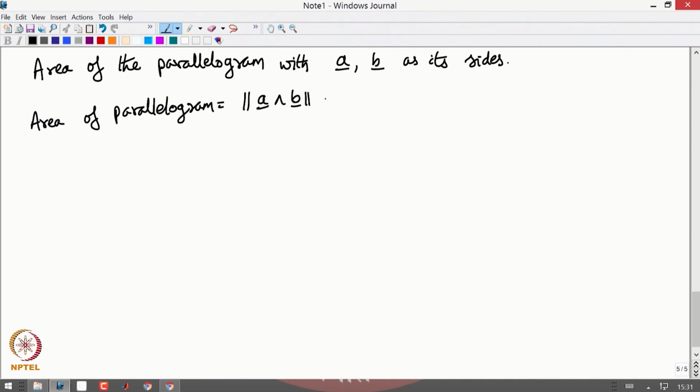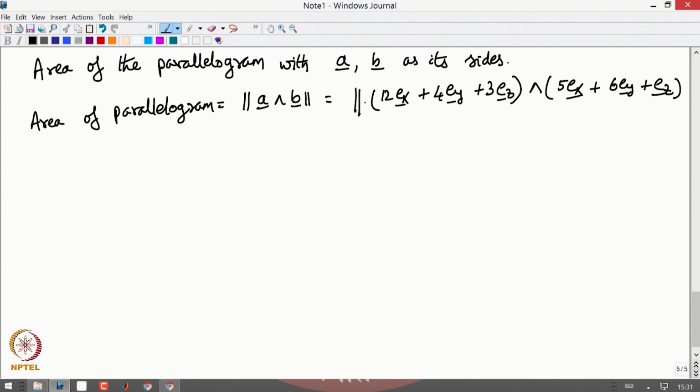You know that A was 12 E x plus 4 E y plus 3 E z, cross product with 5 E x plus 6 E y plus E z, and I will take the magnitude of this resulting vector.